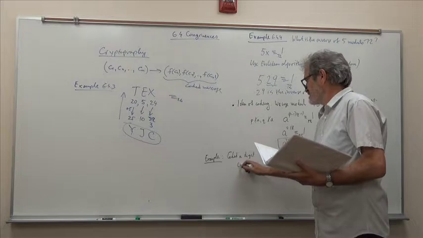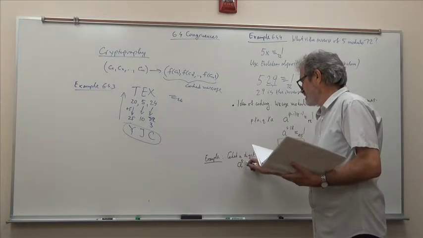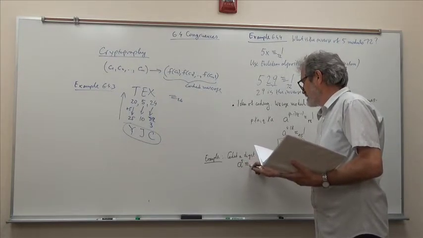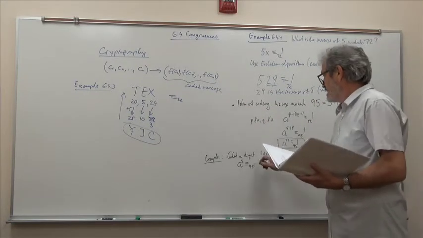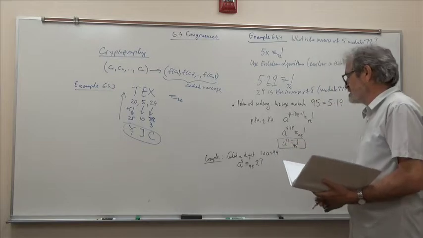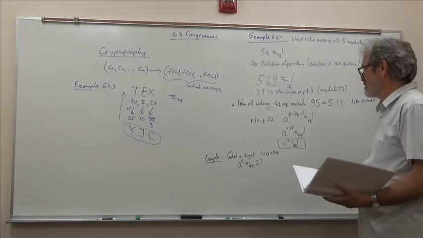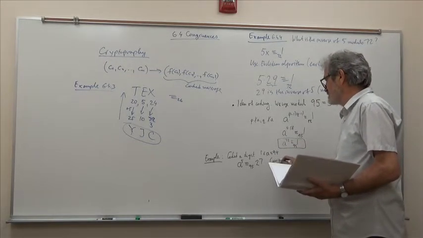So that person did A to the 5th, reduced modulo 95 like we did in Caesar cipher, and got the result 27. So 27 is the coded version of A. My question is, can we break the code?